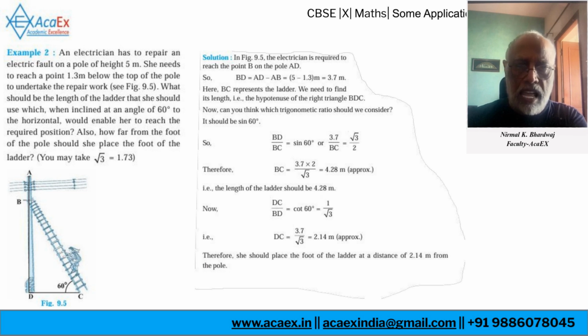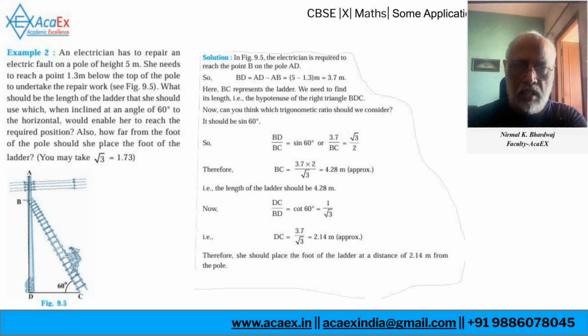Solution. The height the electrician needs to reach is 5 meters minus 1.3 meters, which is 3.7 meters. This forms the opposite side of our right triangle. To find the length of the ladder, the hypotenuse, we use the sine ratio. Sine of 60 degrees equals opposite over hypotenuse equals 3.7 over BC.